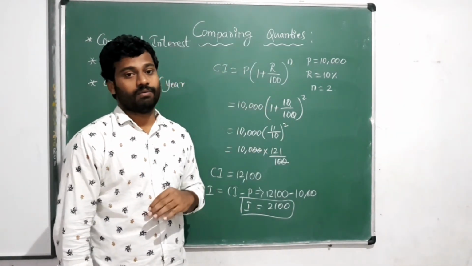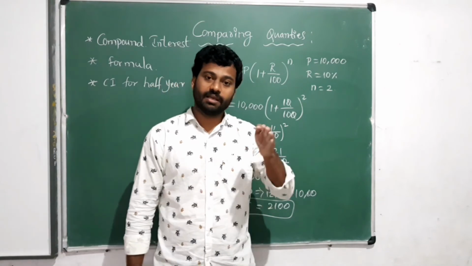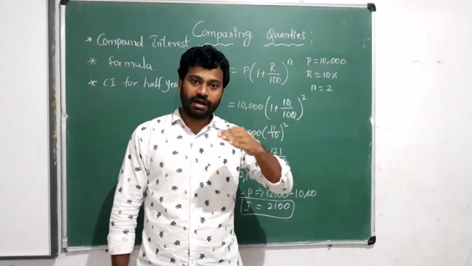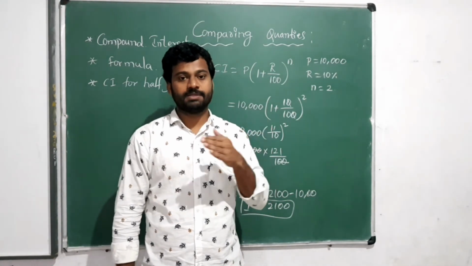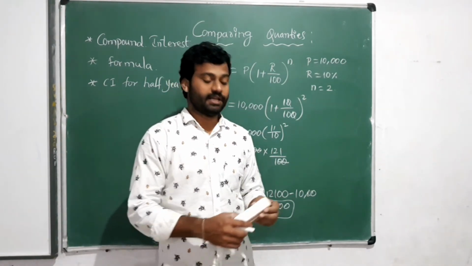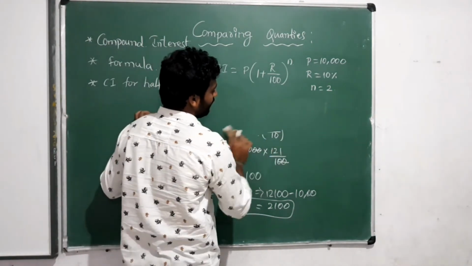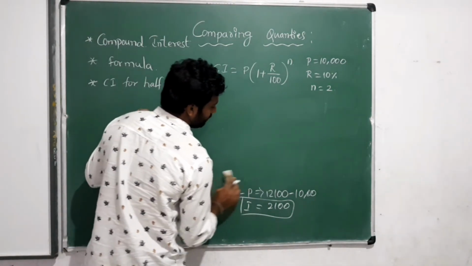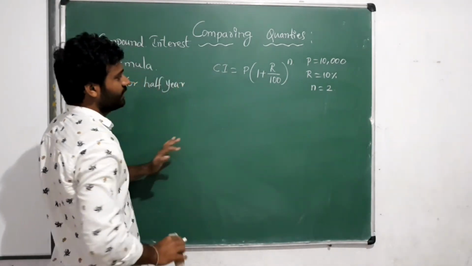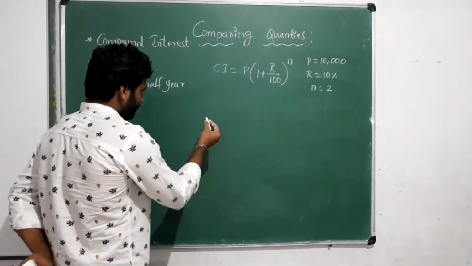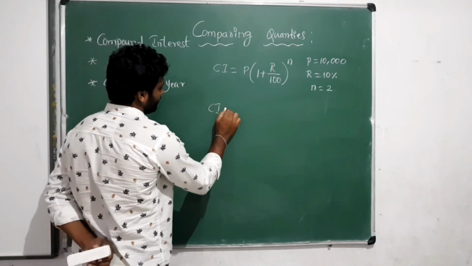Is the same formula going to be taken for the half year? No. Why? Because for 1 year, every 1 year the principal changes. For half year, every half year the principal changes. If the principal changes, automatically the interest will be different. So for the half year, everything is the same. What is the difference?